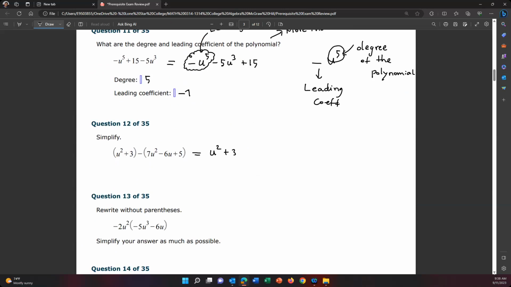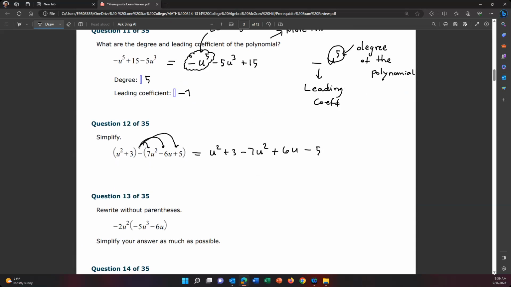But here there is a distribution of this negative sign, and that's going to play a critical role because this positive value will become negative. So now we have -7u squared. This negative and this negative become positive, so now we have 6u. And then this negative and this positive will make this -5.